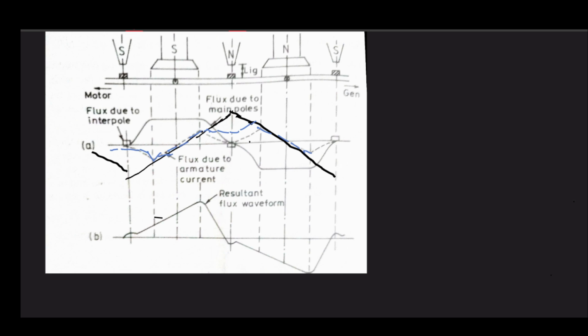This blue line shows the armature flux without the interpole. So when we introduce the interpole, we can see clearly, drawn here in this dash line in this picture, that they are coinciding when you are at the interpolar axis.